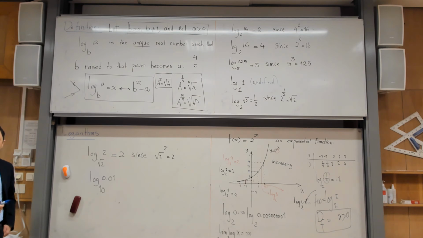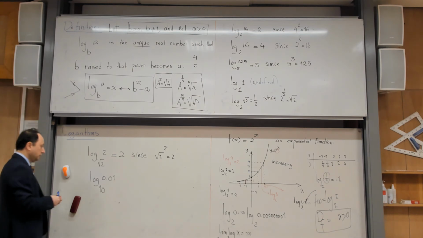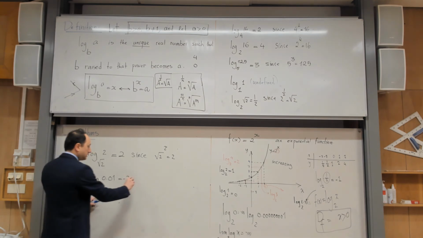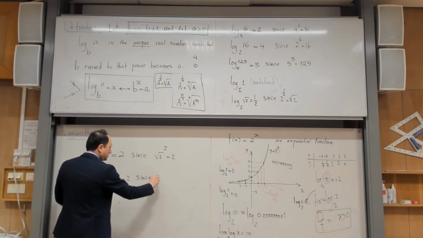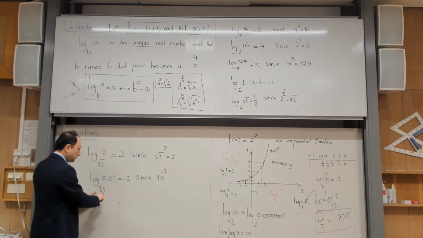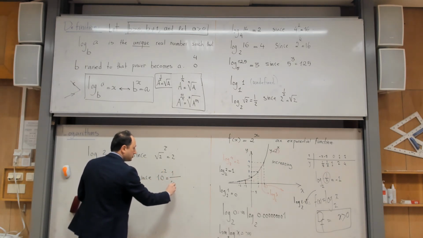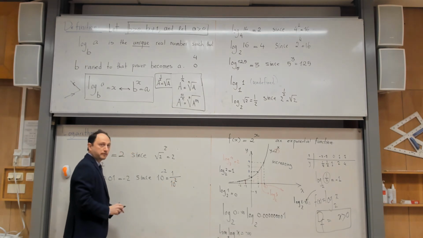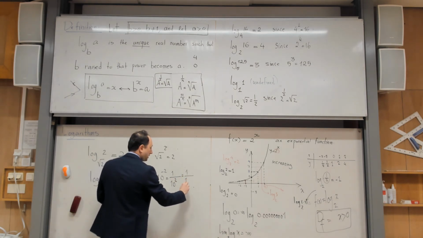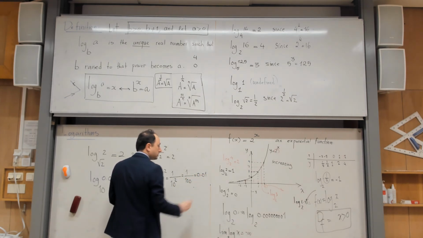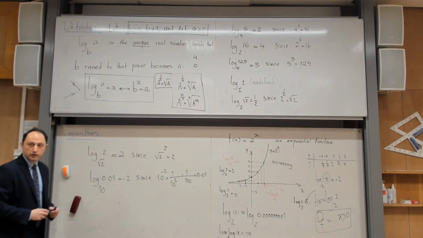Yes? -2. Yes, that's completely clear. Why is it -2? Because 10 to the power of -2 is equal to 1 over 10 to the power of +2. It means 1 over 100. Writing in decimal points, it is 0.01. Okay?